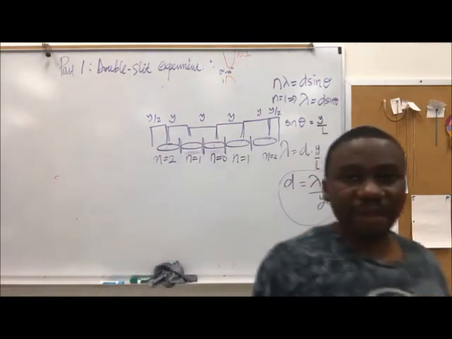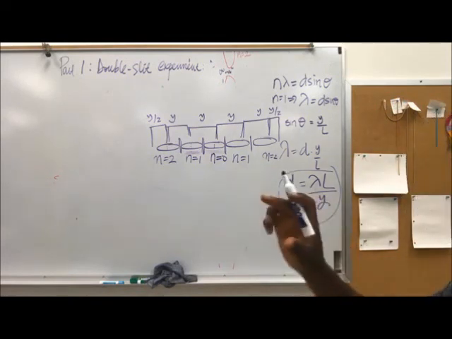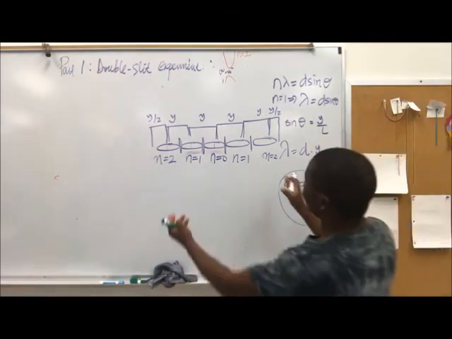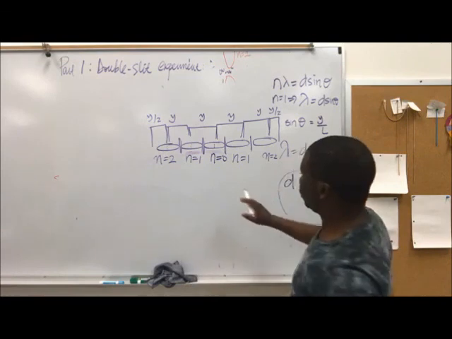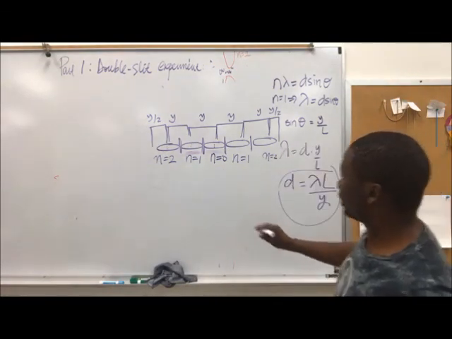In real life, it can be really hard to measure only y. So what you do in order to measure y is you measure multiple bright fringes and you do a division. You find the average. So if I was you, I would not struggle to measure the distance y between just two fringes. I will measure these 5 fringes here: n0, n1, n2, n1, n2. That's 5 fringes.